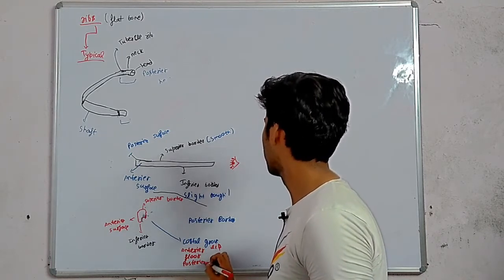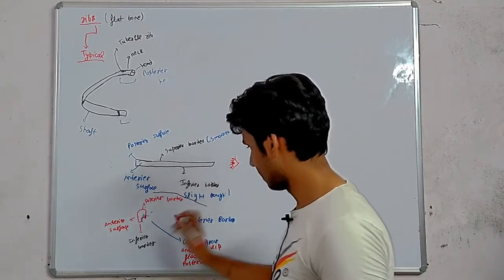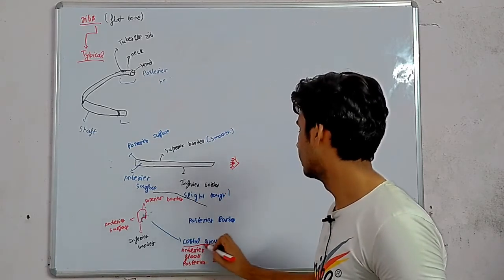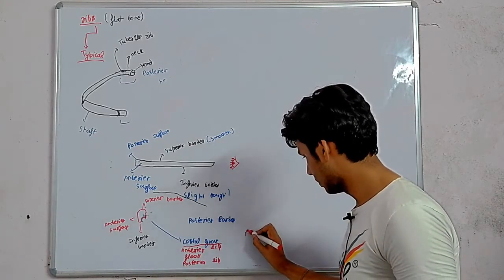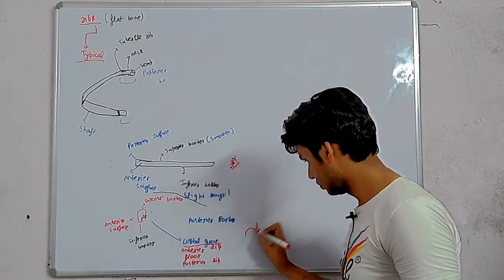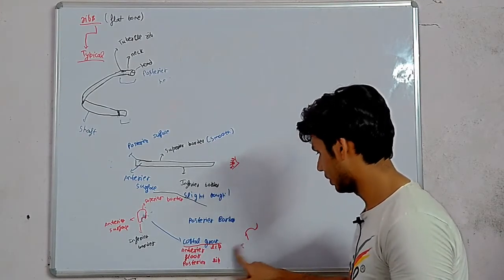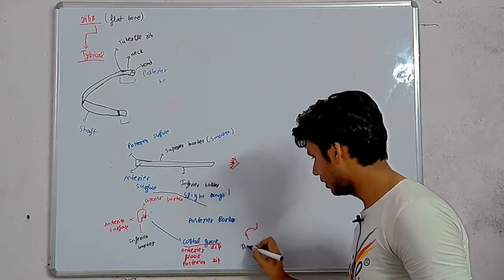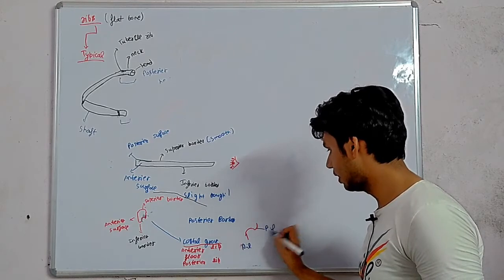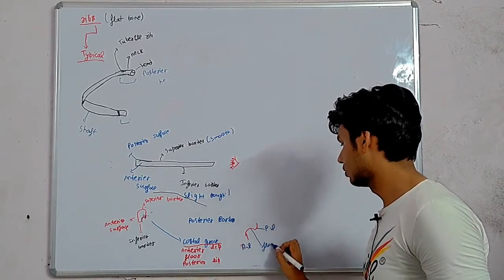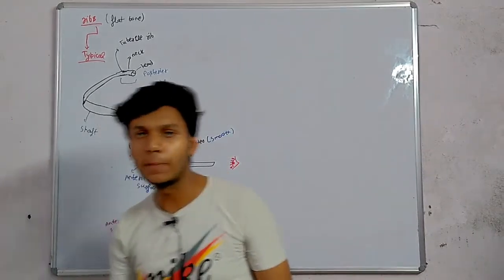Posterior lip is not markable. These are the costal groove points: anterior lip, floor, and posterior lip. Anterior lip, AL. Posterior lip, PL. Floor. Done. These are the common features of a typical rib.